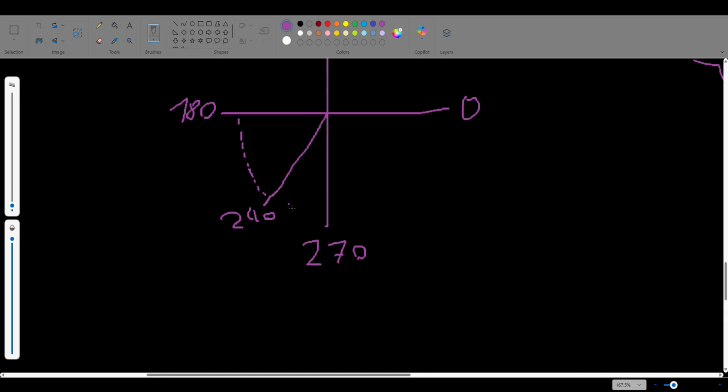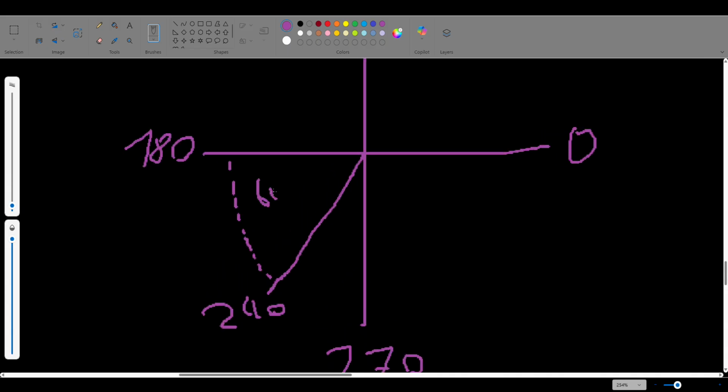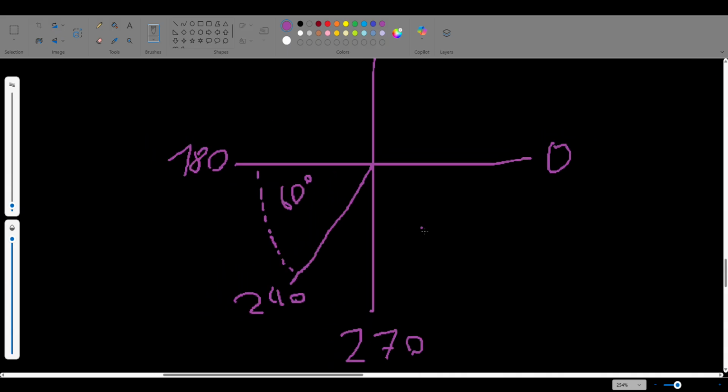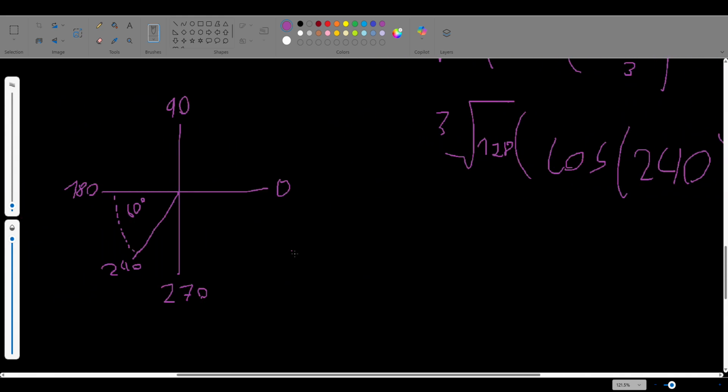You don't want to find the difference between 240 and 270, which is 30 degrees, and put it on your hands, because you're going to get flipped answers. You're going to want to see what's the distance from 240 to 180, which is 60 degrees. Now we will get the right answers.